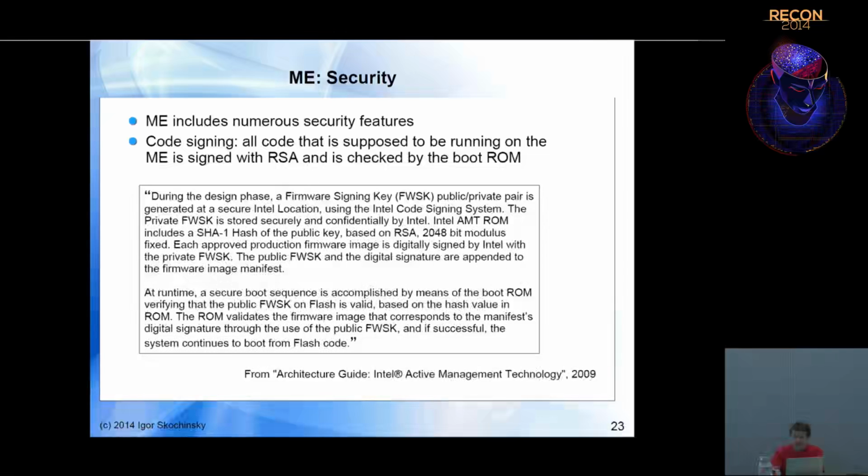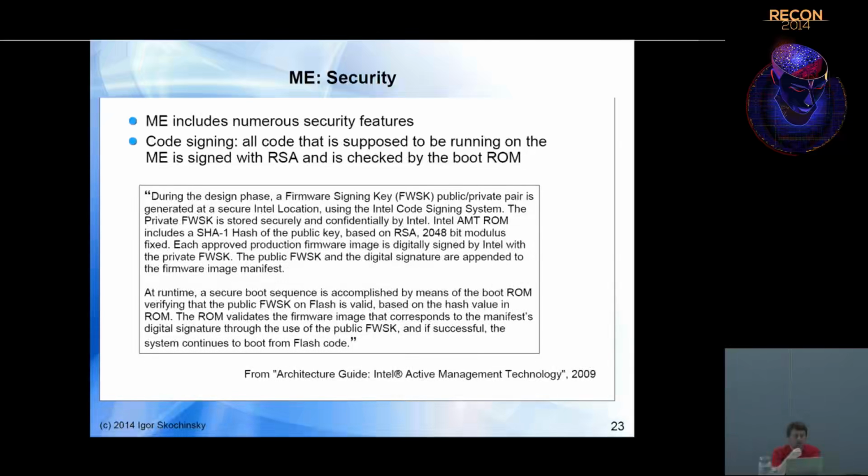So after analyzing and also by reading some documentation, I could see the various security features that were implemented by Intel. One of the major features, of course, is the code signing. All code which is running on ME, I think all code, yes, except the boot ROM, which you cannot access, which you cannot modify, is signed with RSA, and the boot ROM checks the signature before loading and running it.